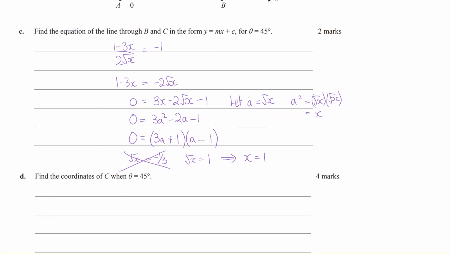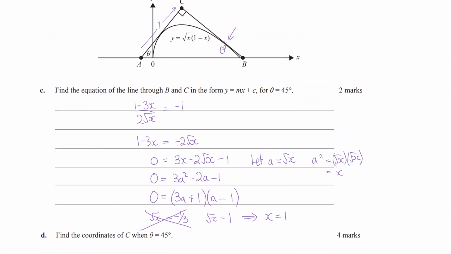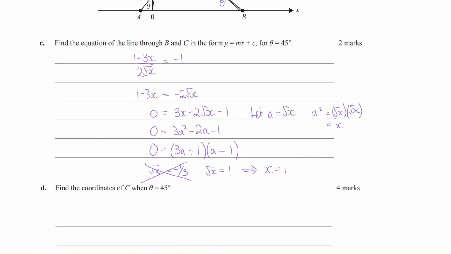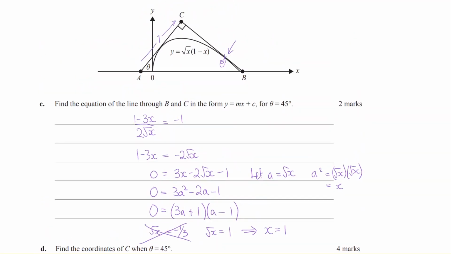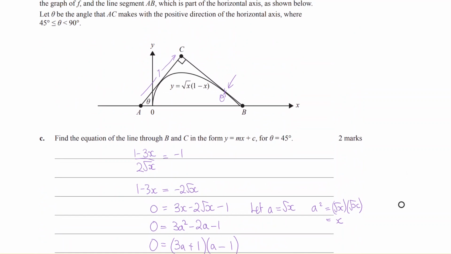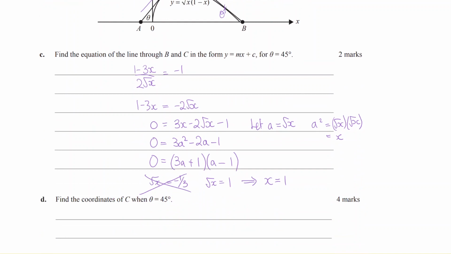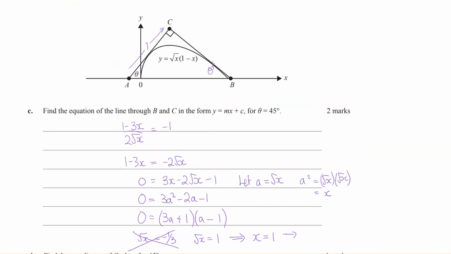Now this isn't the end. We need to go back and have a look. We said that that was going to be the x coordinate. So considering that this point is shared by our f of x line and our new line BC, we can say this x value that we've got of 1, we can substitute into our f of x.